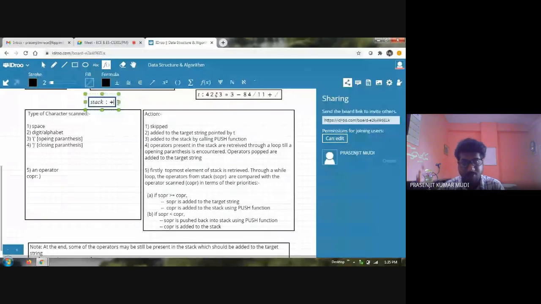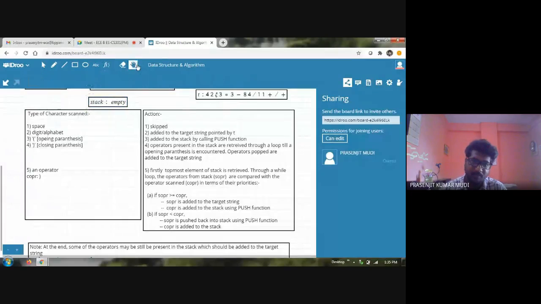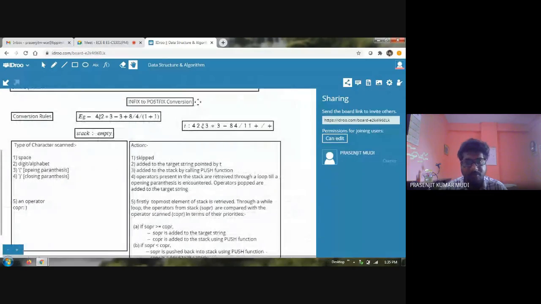Then plus is popped and added to the target string. So stack finally becomes empty, which should be the scenario. So now the process is completed. This expression is your postfix expression.